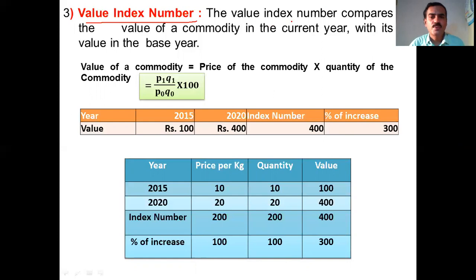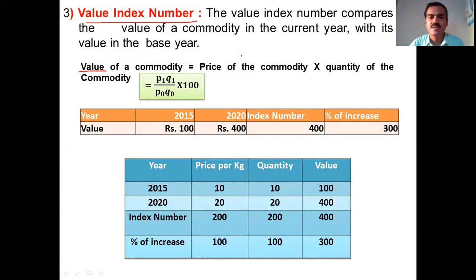The value index number compares the value of a commodity in the current year with its value in the base year. Before understanding the meaning of the value index number, let us understand what is value. Value of the commodity equals the price of the commodity into the quantity of the commodity.